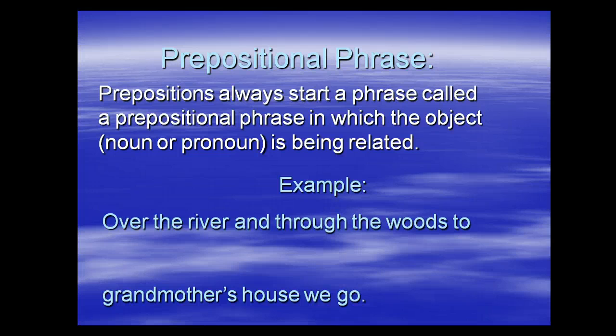An example. We have our sentence, you probably recognize it. Over the river and through the woods, to grandmother's house we go. So I'm looking for words that show where a squirrel can go in relation to a tree and a river. And I notice the first one I see is over. So over is a preposition. If I'm looking for the object of the preposition, I'm going to look for that first noun that follows the preposition. And that's river.